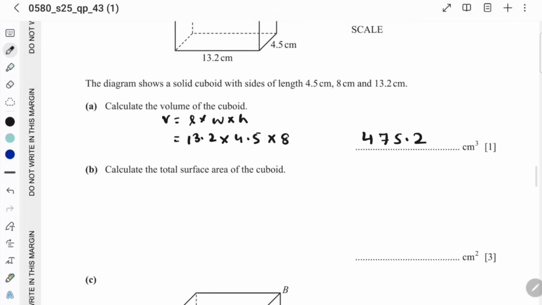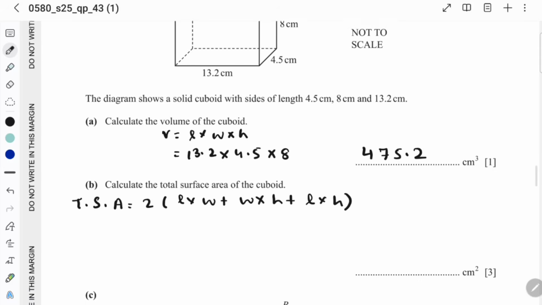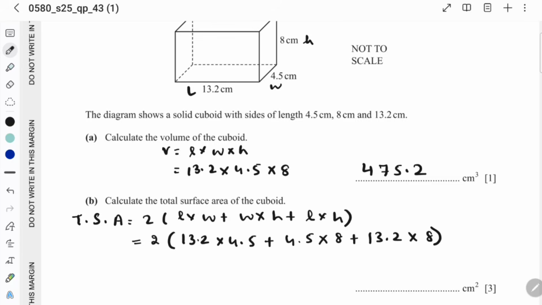Now calculate the total surface area. This also I've calculated. The formula is total surface area equals 2 times length times width plus width times height plus length times height. For example, the length is 13.2, the width is 4.5 and the height is 8. Substituting, 2 times 13.2 times 4.5 plus 4.5 times 8 plus 13.2 times 8.